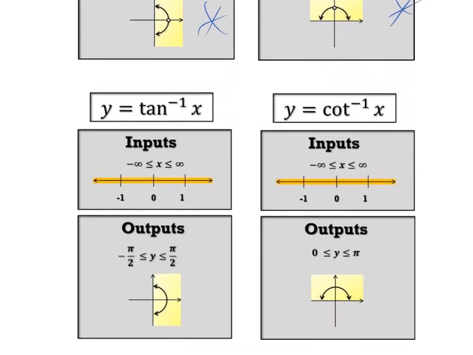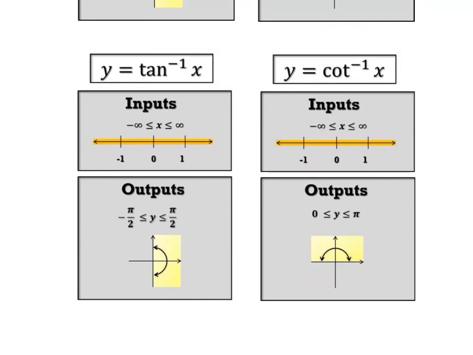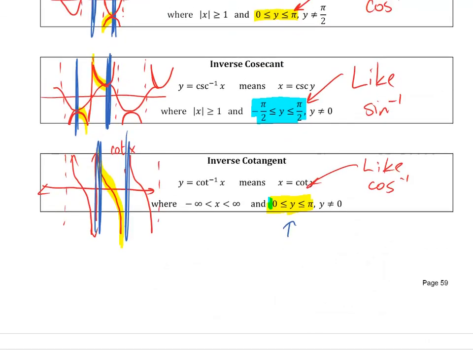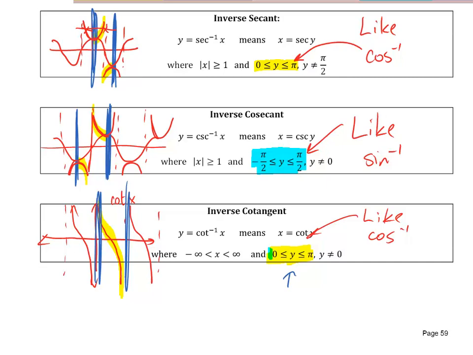And then inverse tangent and inverse cotangent, you can plug in any number into them, but for inverse tangent, the output is always in the right half plane, and the output for an inverse cotangent is always in the upper half plane. And again, the reason was on the previous page, right here. All that scribbling that I did there. Okay, sorry, let's move on and look at some examples.